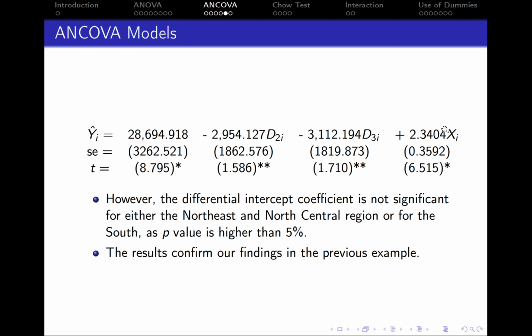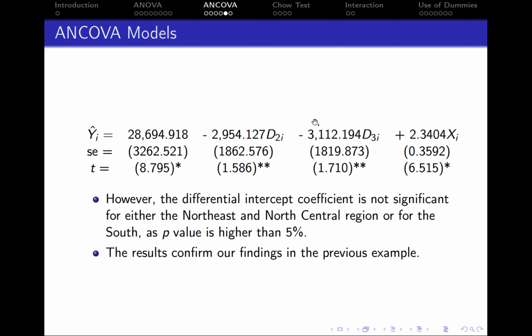However, if we look at the coefficient on x, we will see that it comes with 1 star, indicating that the p-value is lower than 5%, meaning that this coefficient is statistically significant. So it is different from 0, which means that there is a statistically significant relationship between mean salary and mean spending on a student.